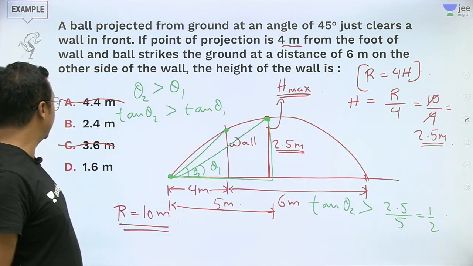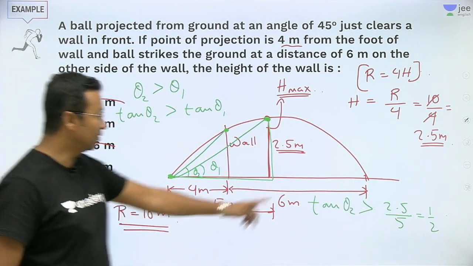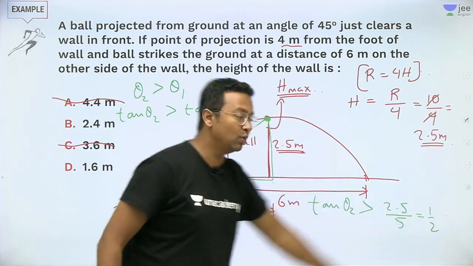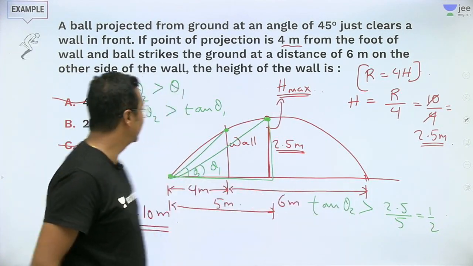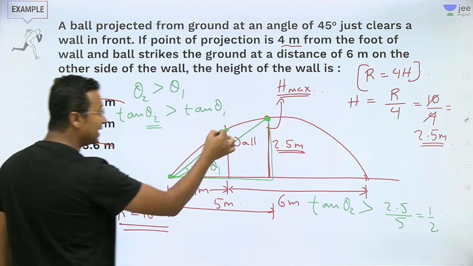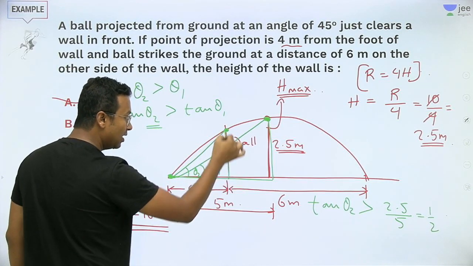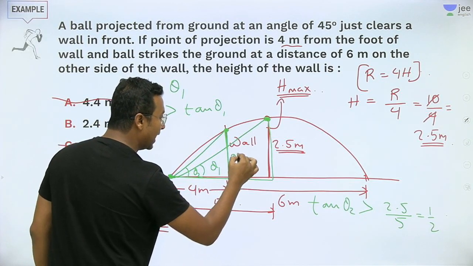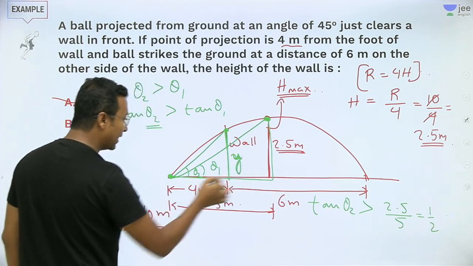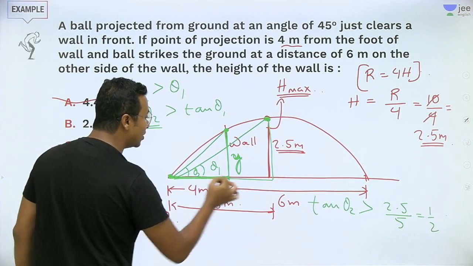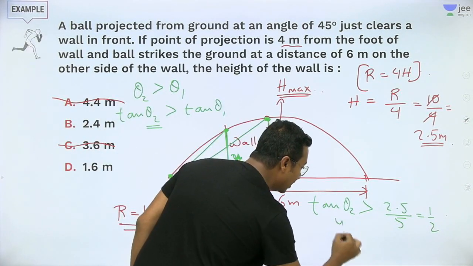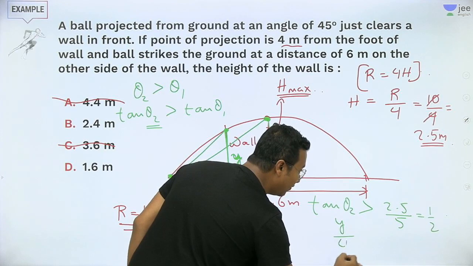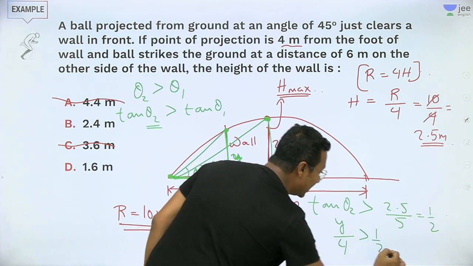That means it will be greater than 1 by 2. By the way, what is tan theta 2? Tan theta 2 is the height of the wall, let's say it is equal to y, divided by how much? It is at a distance of 4 units. So I can write here y divided by 4 should be greater than 1 divided by 2.